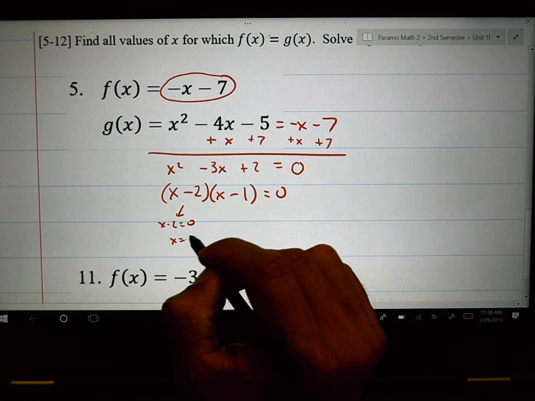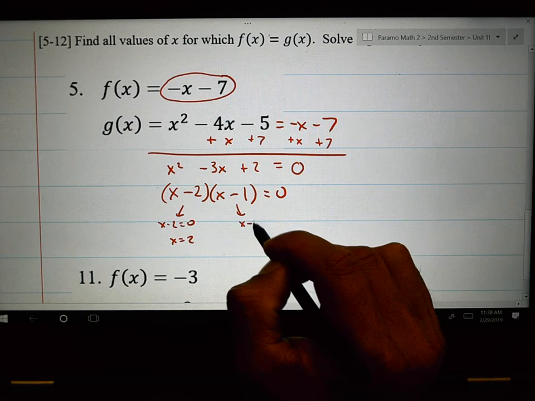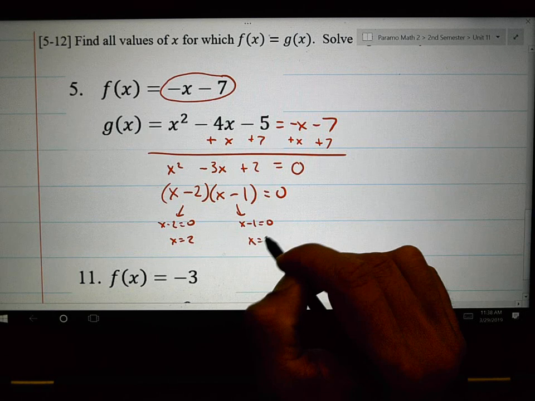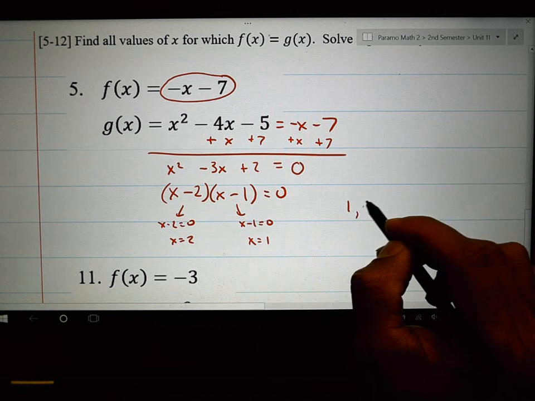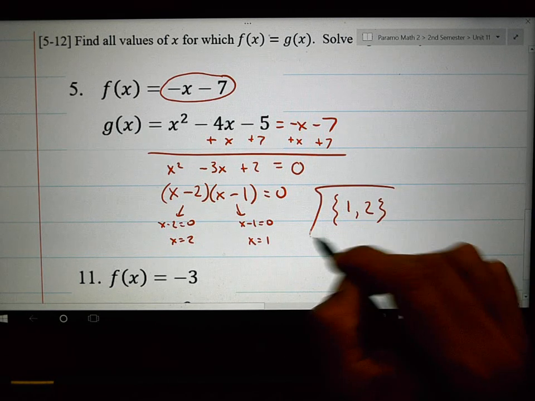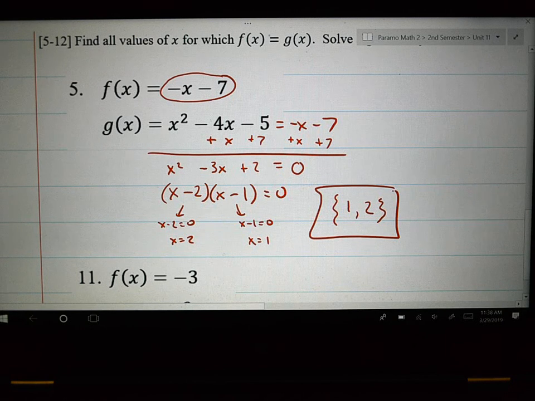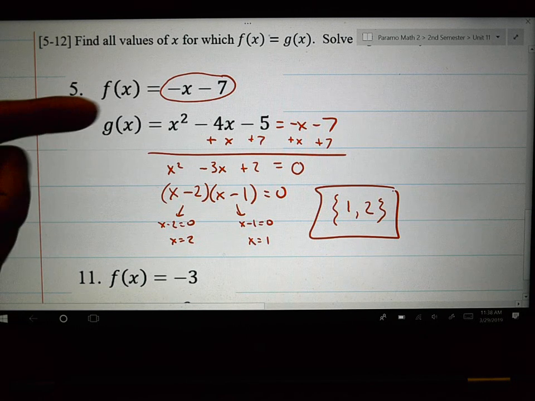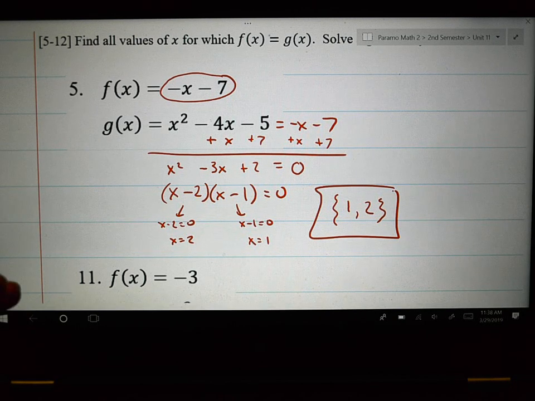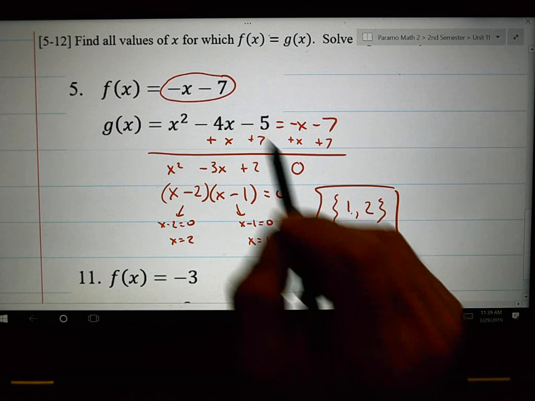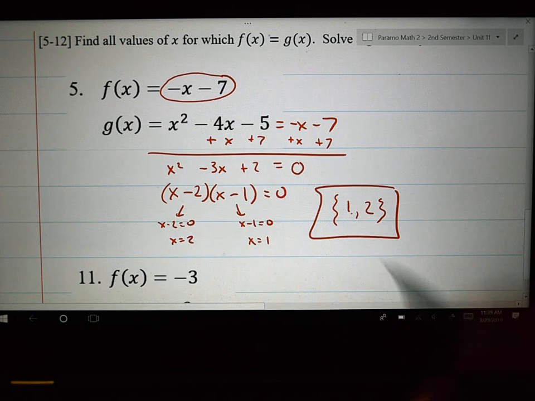When x is 2, using the zero product property. I know these two equations will be equal to each other. They'll cross each other when x is 1 and when x is 2. If I want to know what the ordered pair is, I can plug the 1 into either equation to find the y value.